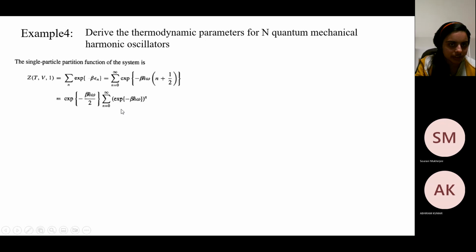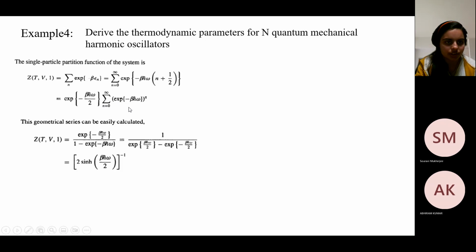If we do that, we get an expression like this. Here you can see that the term minus beta h cut omega by 2 does not depend on n, so you have taken that out. And this is the summation over n that we get. Then we can just use the geometric series relation to finally get to an expression for the partition function. So is this thing clear to you? How we are doing this thing?